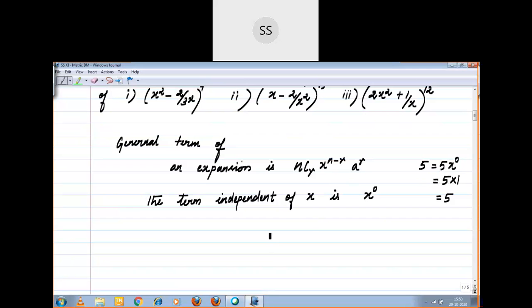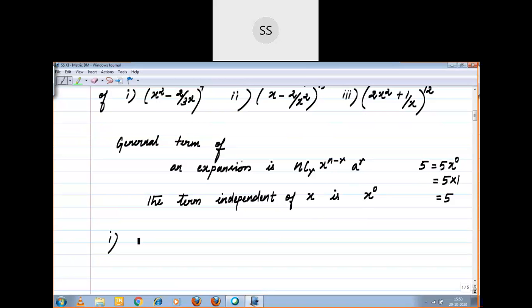Got it, children? The term independent of x is nothing but the power of x being 0. That is the meaning, or you can say x raised to the power 0.